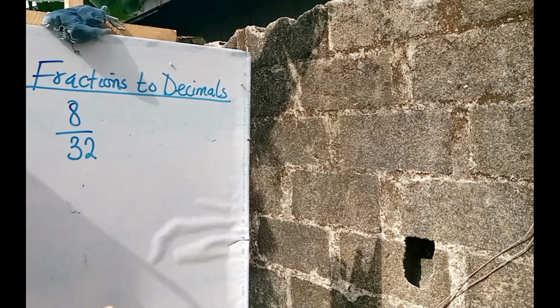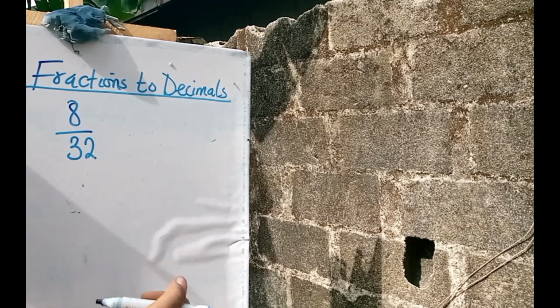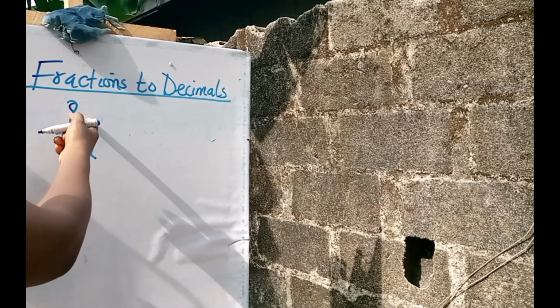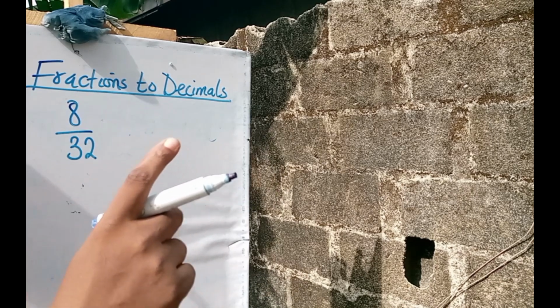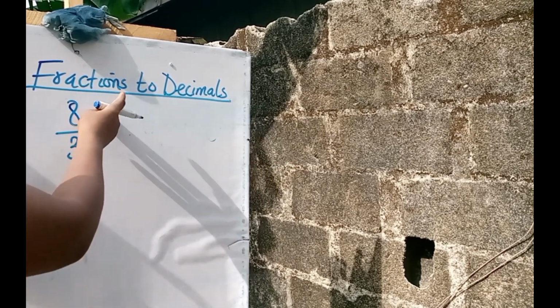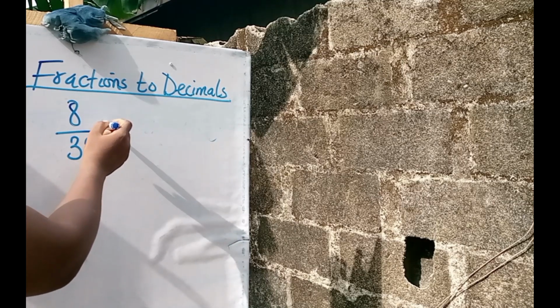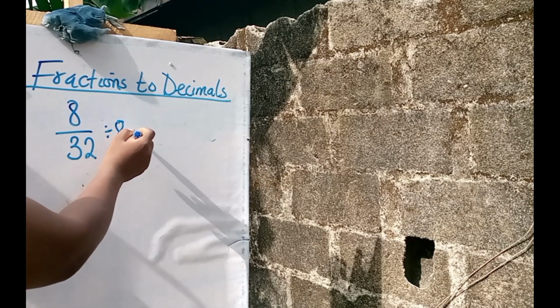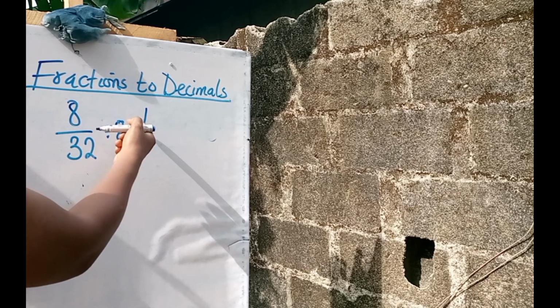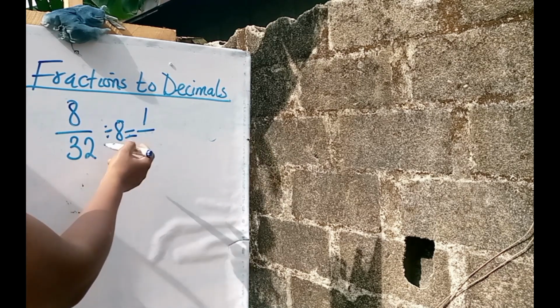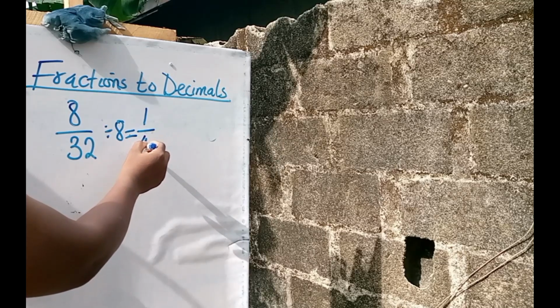Looking at this example, we ask ourselves, is 32 in the 8 times table? The answer is yes. That means we can reduce this fraction by dividing it with 8. So 8 divided by 8 gives us 1, and 32 divided by 8 gives us 4.